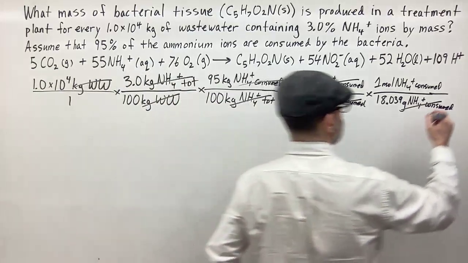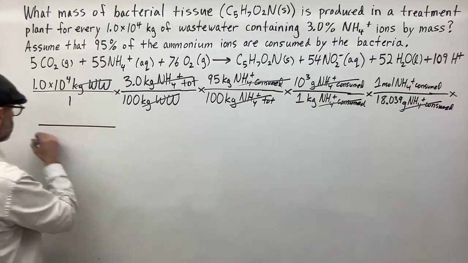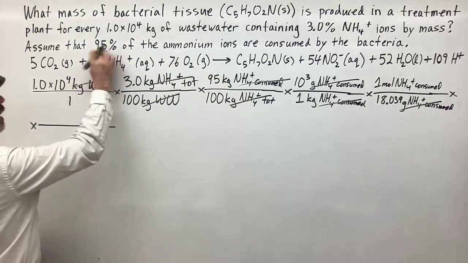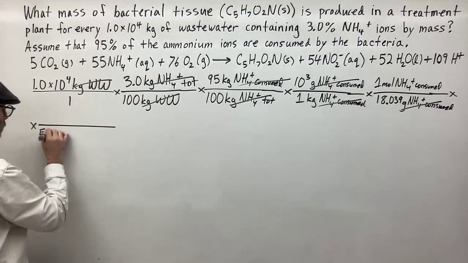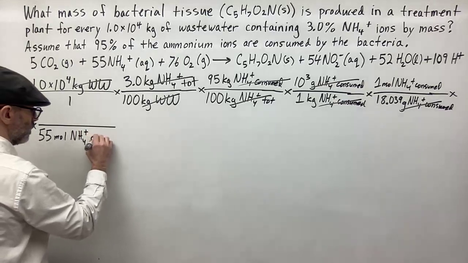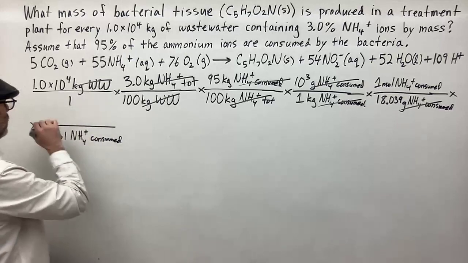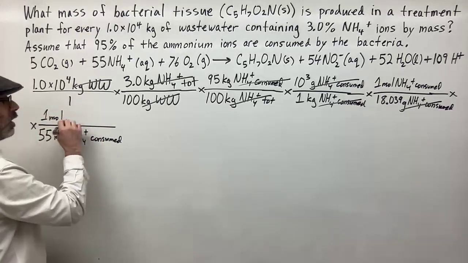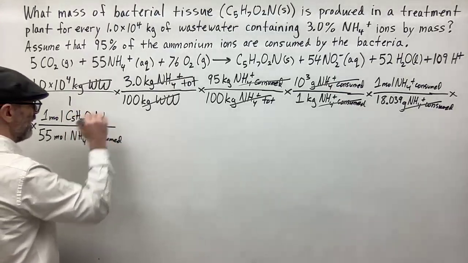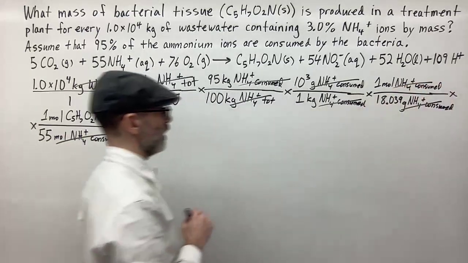So I'm going to use the mole ratio here. I have 1 mole of the ammonium consumed on top. I'm going to put 55 moles on the bottom, 55 moles of NH4 plus consumed. And then on the top is going to be 1 mole of the C5H7O2N. So moles of NH4 plus cancel out.